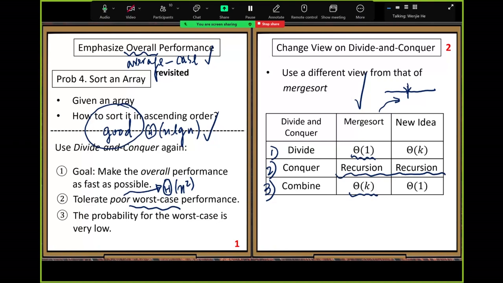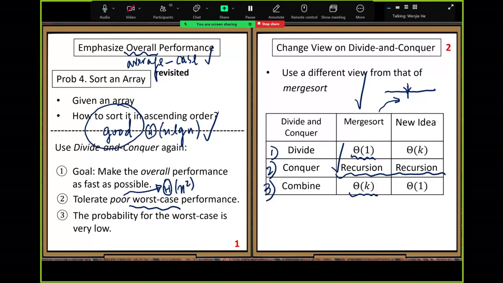Because when we use recursion, each recursive function call has a different size of data. So k refers to the total size of data in the current recursive function call. So that's merge sort.